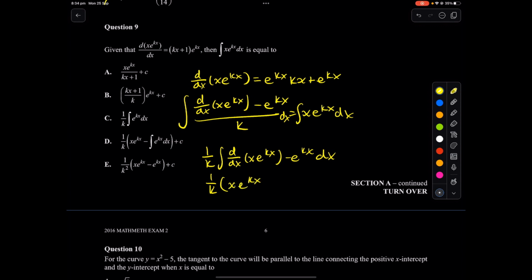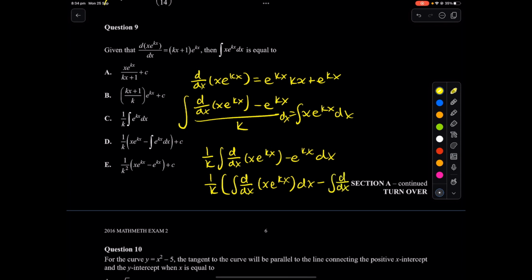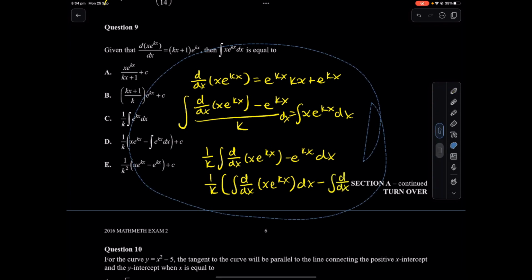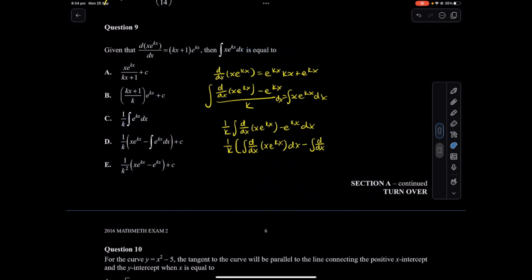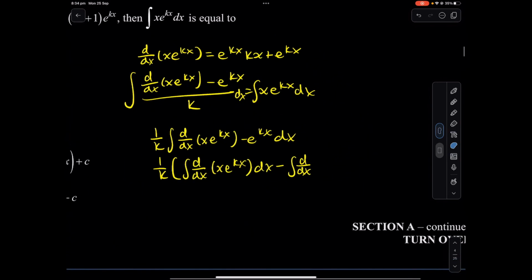Wait. Before doing that, actually, let's just split out the integral so we don't make it confusing. So we can say the integral of d/dx of x e^(kx) dx minus the integral of d/dx of e^(kx), let me just make this small, minus e^(kx) dx.